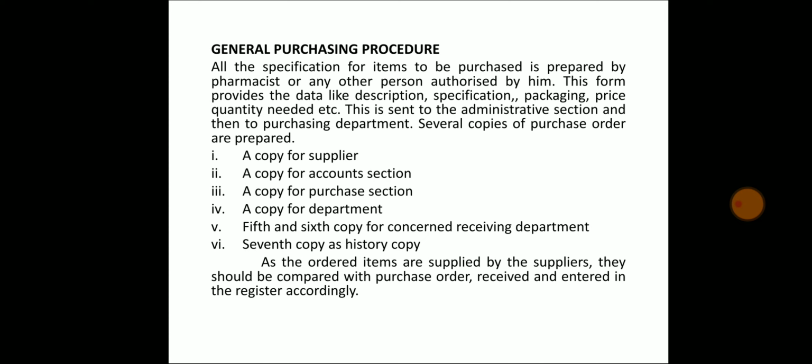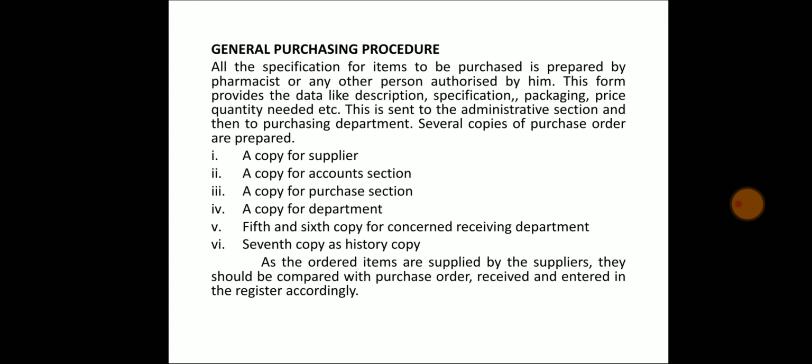Several copies of purchase order are prepared. Number 1, a copy for supplier. Number 2, a copy for account section, a copy for purchase section, a copy for department. Number 5, fifth and sixth copy for concerned receiving department.